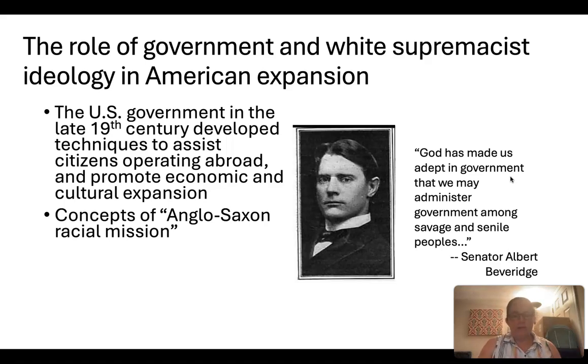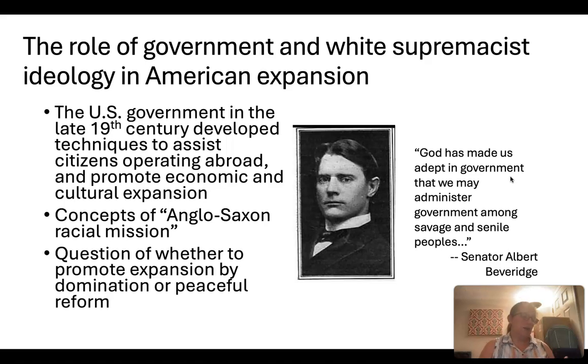So there was a lot of debate in the late 19th century over how the United States should spread American civilization around the world. Some people believed that only force could bring these so-called backward nations into civilization. Others sought to conquer the world more peacefully through culture and education and commerce. Most Americans agreed that they didn't want to become a traditional colonial power like Great Britain.